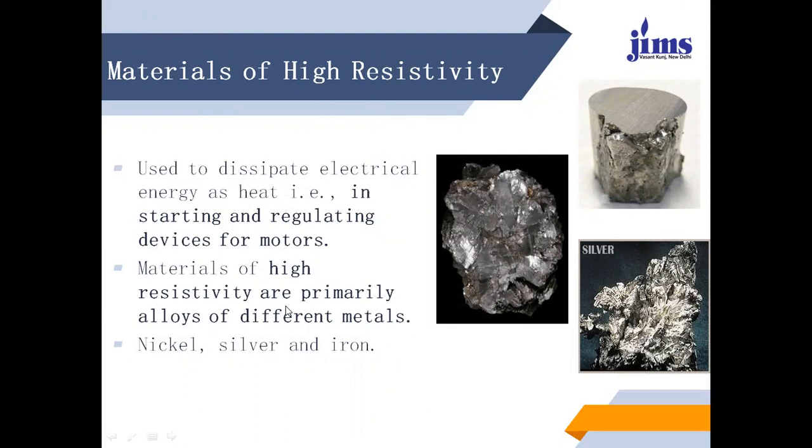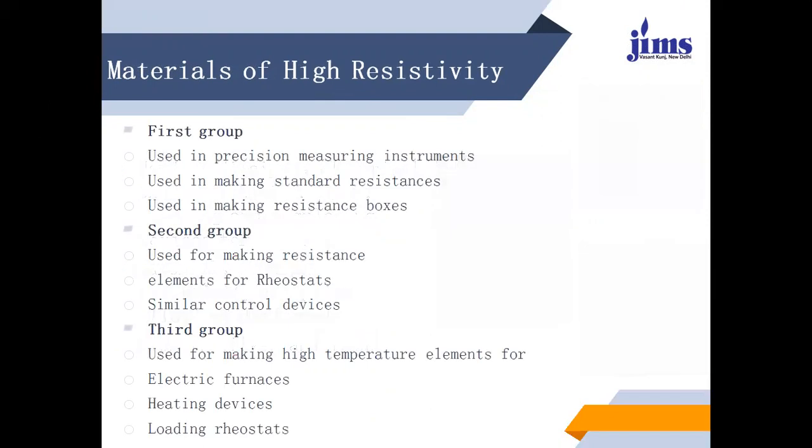Materials of high resistivity are primarily alloys of different metals, such as nickel, silver, and iron. We opt for these for high resistivity.